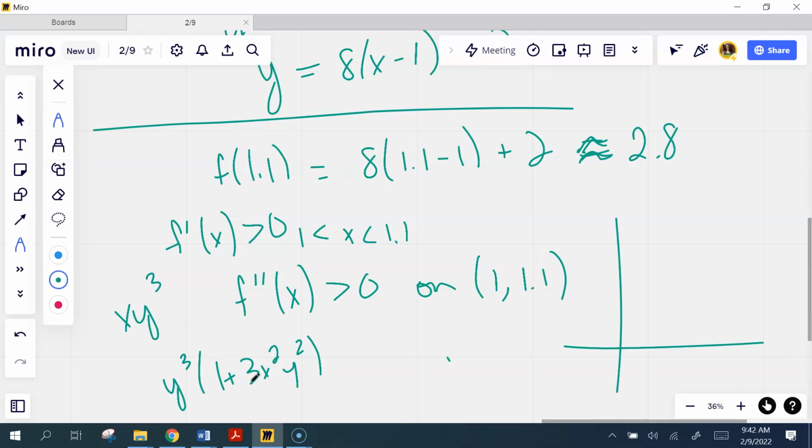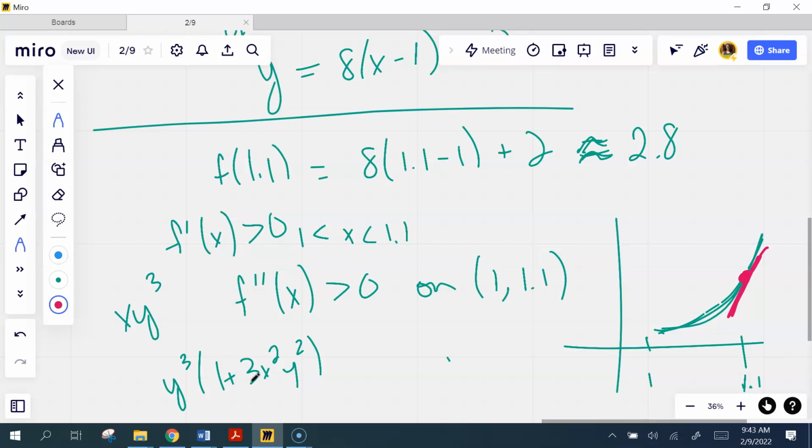So from 1 to 1.1, let's say this is 1 and this is 1.1. In between here, I'm doing something like this, right? If I put a point somewhere on here, let's say here's my 1.1, and I draw this tan line, okay? What you did in the beginning is you used the equation of that red line to estimate a future value.